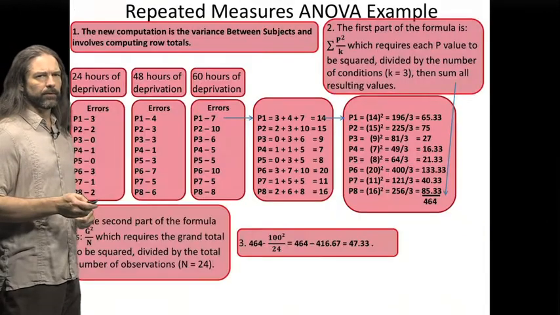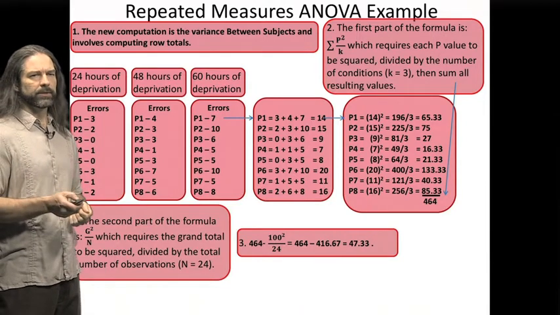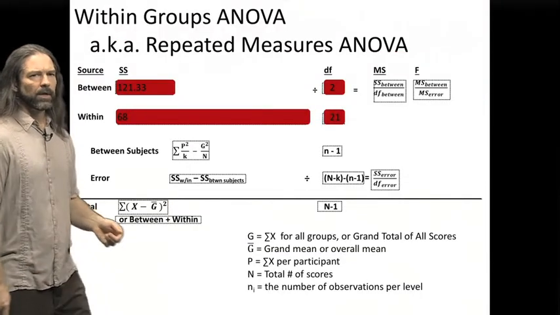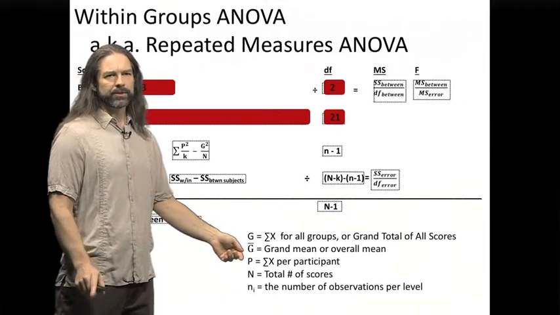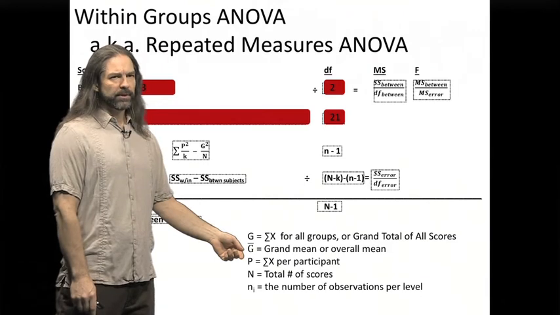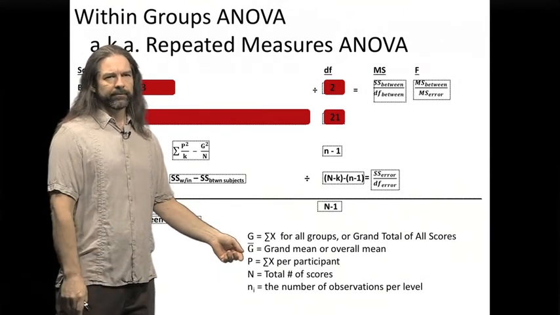So now as we move forward, we're going to be wanting to look at this between subjects formula. What P represents, and I want to take you back for a second, is the sum of the scores per subject. Up to this point, we have largely been adding the columns and going vertically.